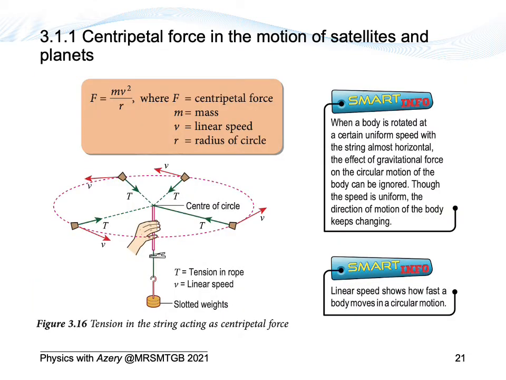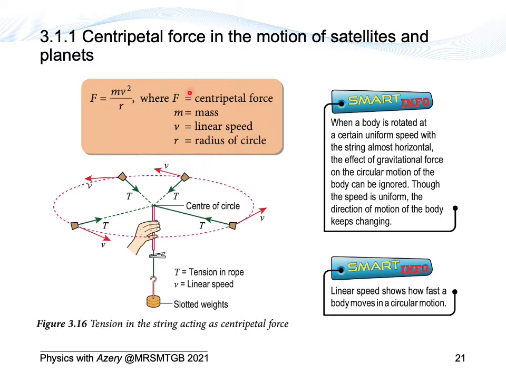So let's see now. When we rotate the object, this is the direction of the velocity of the object, and towards the center of the circle here, since we are using thread, we have a tension, and this tension is what we call the centripetal force.